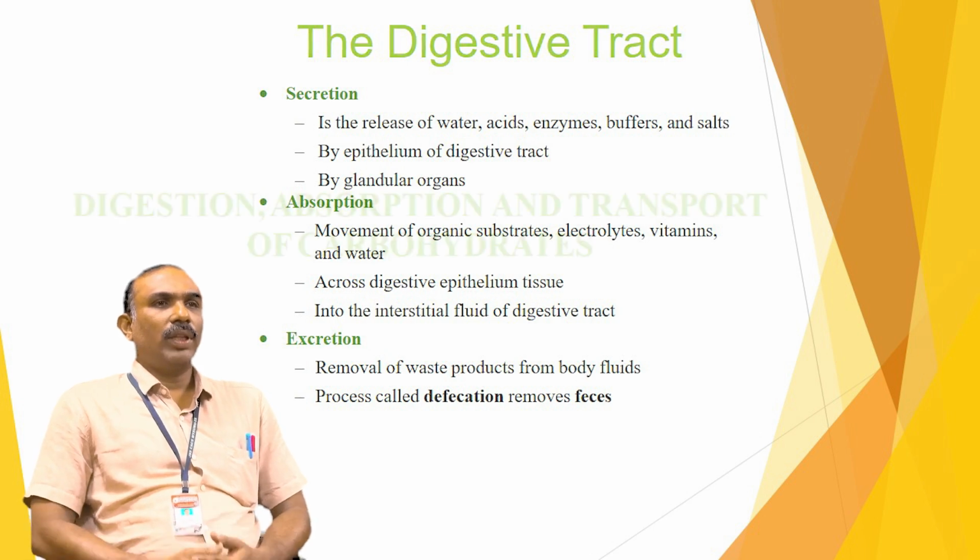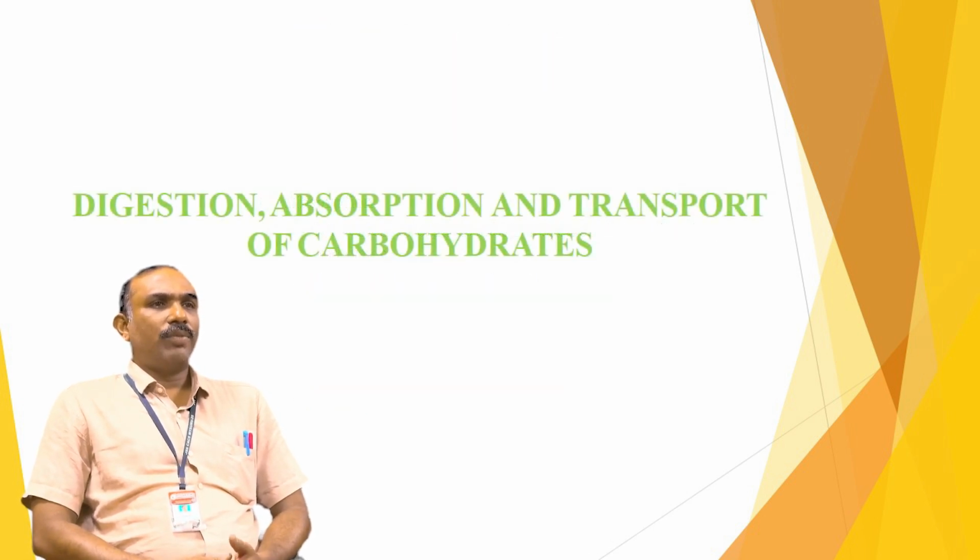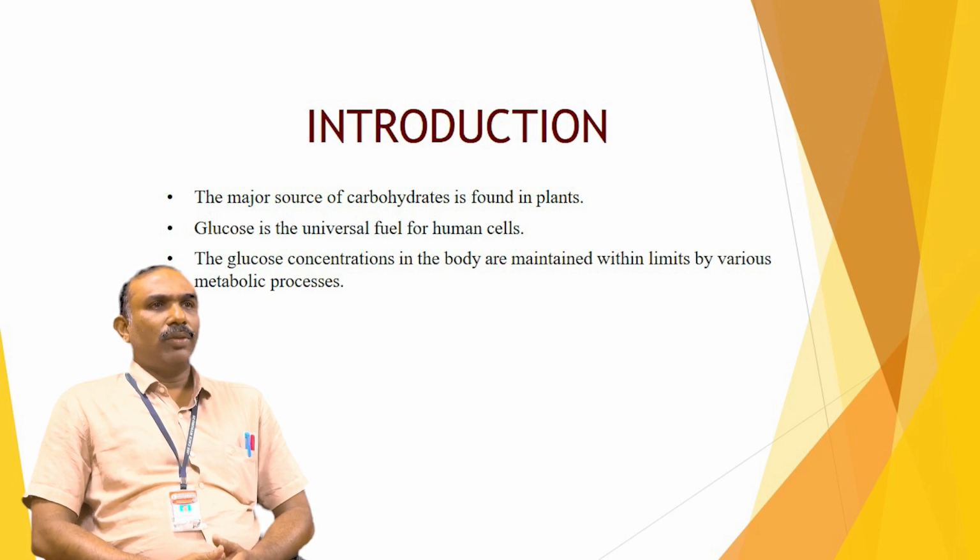Then we move on to digestion, absorption and transportation of carbohydrates. That means how carbohydrates get digested, absorbed, enter the bloodstream, and how they are transported. Now the introduction: the major source of carbohydrates is plants. Whatever food we take, mainly plant sources, contains carbohydrates. The main source in these foods is glucose.